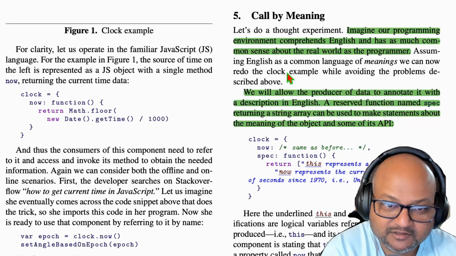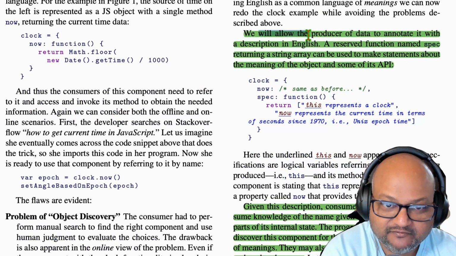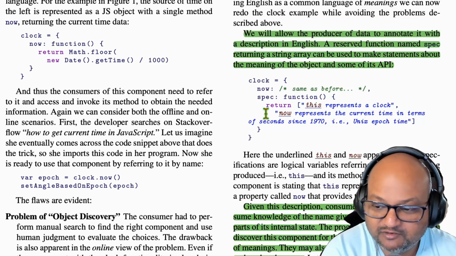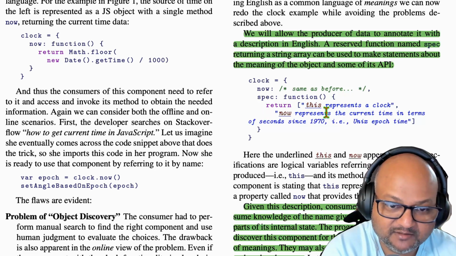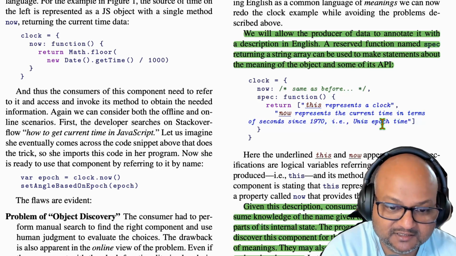And here's how they are envisioning this will work. You have producers annotate in English language what their function does. So for example, if you are exporting a clock library, you would write in English language what this library does and in what format it returns the time.